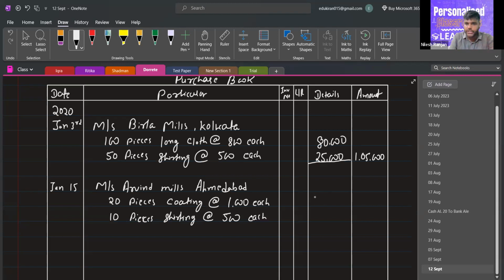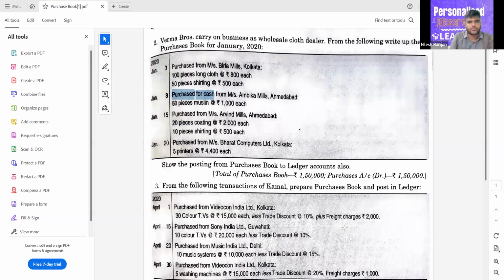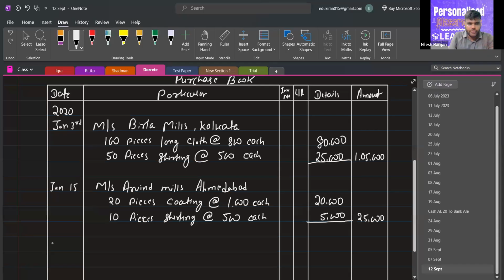So 1000 into 20, it will be 20,000, and 500 into 10, it will be 5,000. So total 25,000. Is there any doubt? No doubt. No, sir. I don't have any doubts for now.